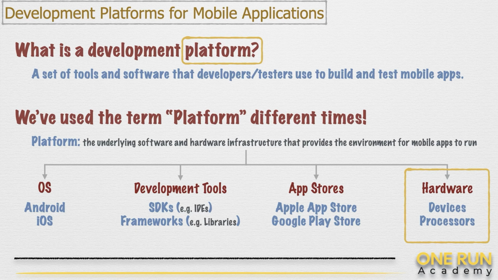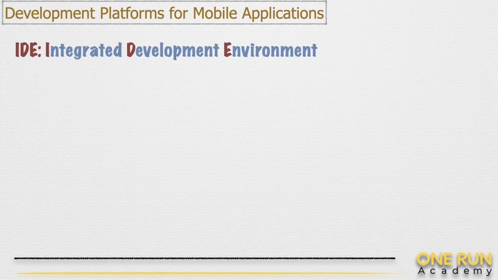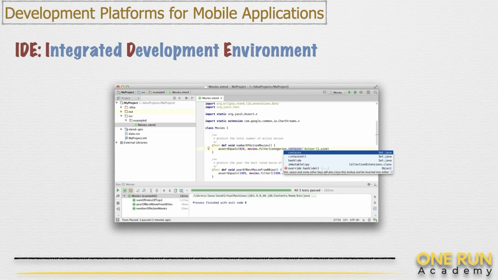Alright, now let's dive a bit deeper into something commonly used in the mobile app development and testing worlds, IDEs, or Integrated Development Environments. Simply, an IDE is a single workspace where you can design, code, compile, test, and even monitor your app's performance.